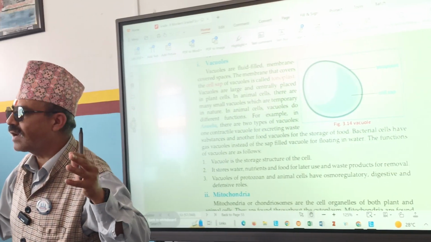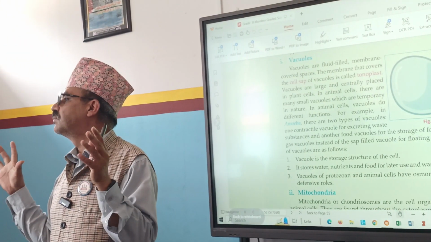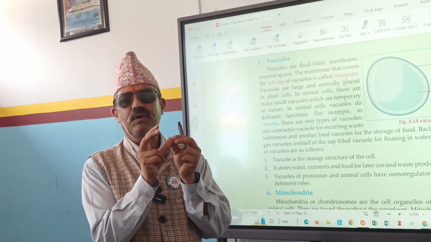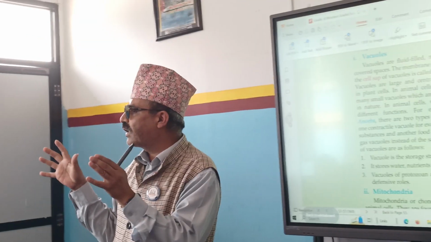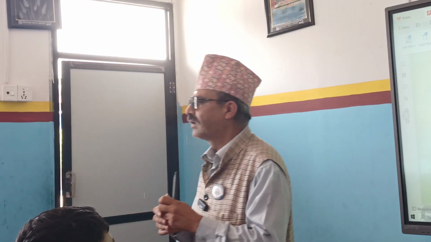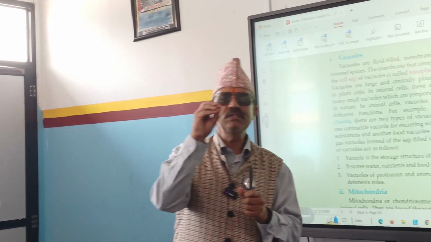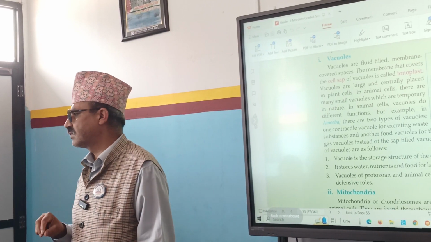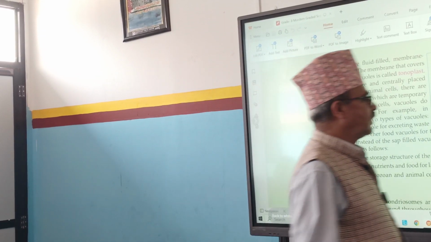If more cell sap is present, the size of the vacuole is bigger. If less cell sap is present, the size of the vacuole is smaller. Where is the big vacuole and where is the small vacuole? Small vacuoles are present in animal cells. In plant cells, there are big vacuoles.